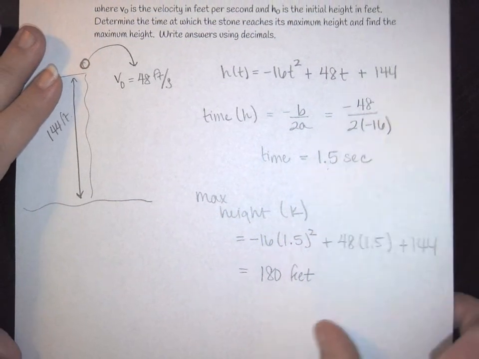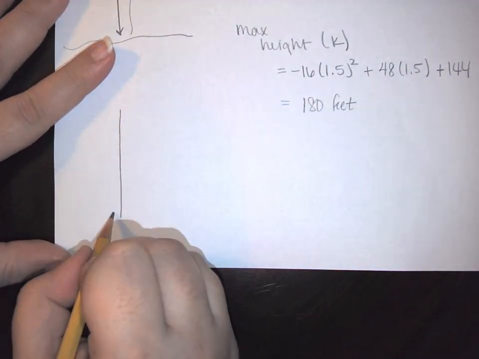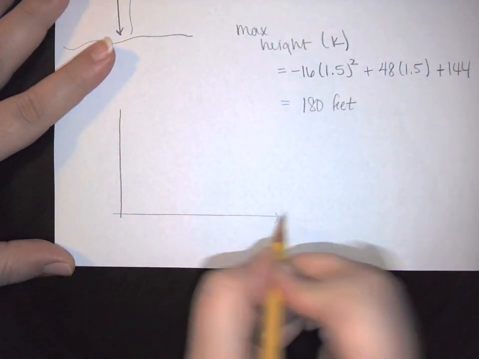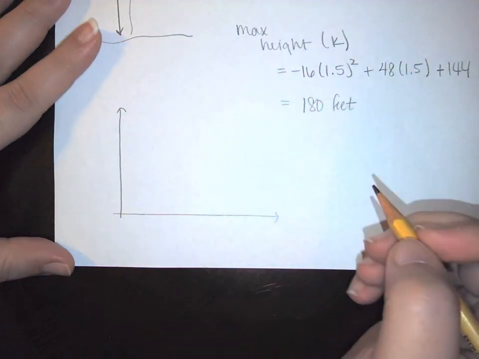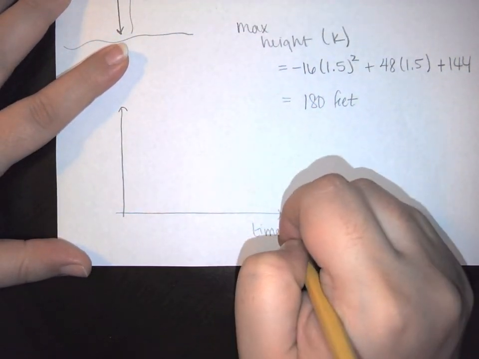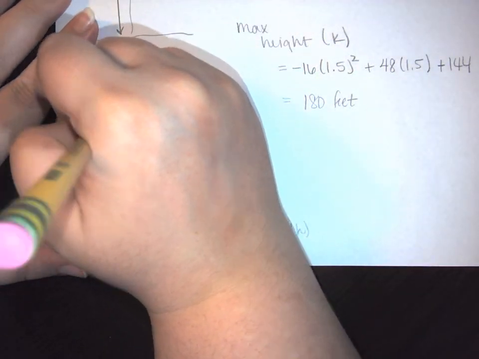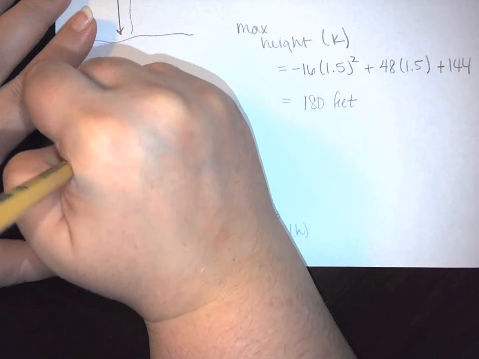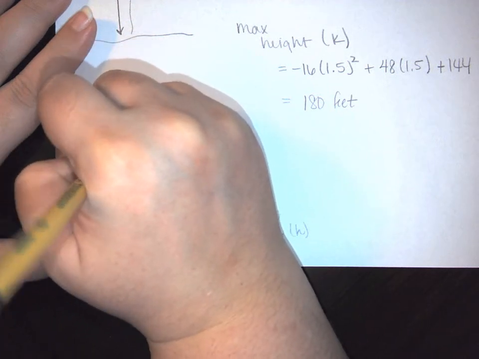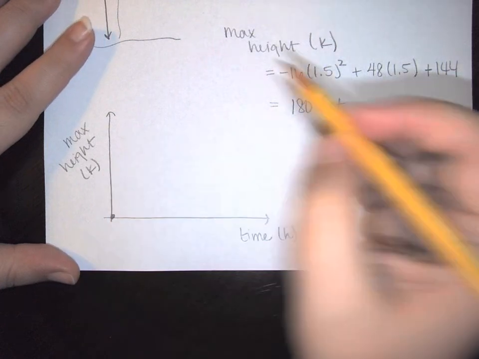Now, why does this actually work? Well, if we were to look at a graph, one thing that we know is that my time would be your x value, and then your maximum height is that k value. So when we throw anything, we always start at 0.